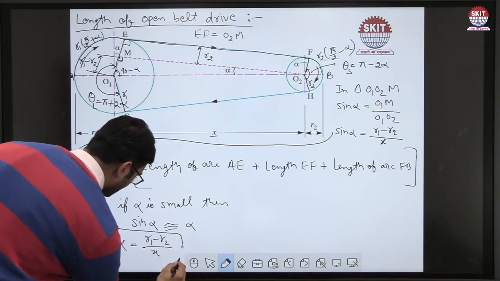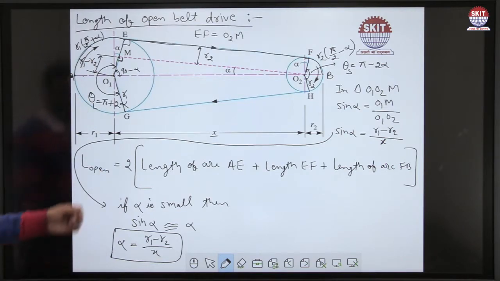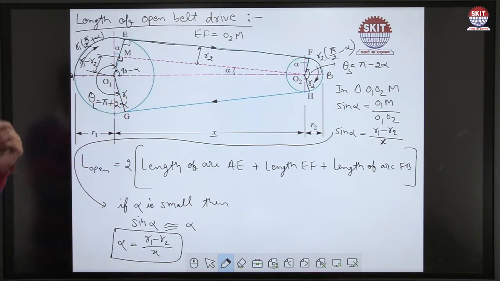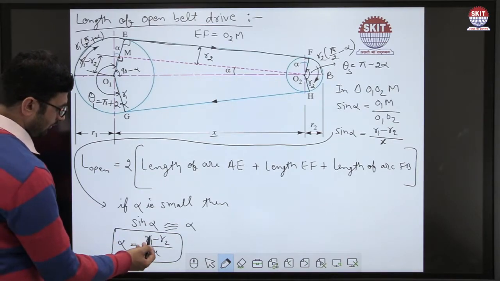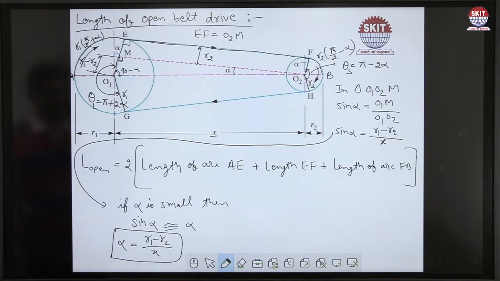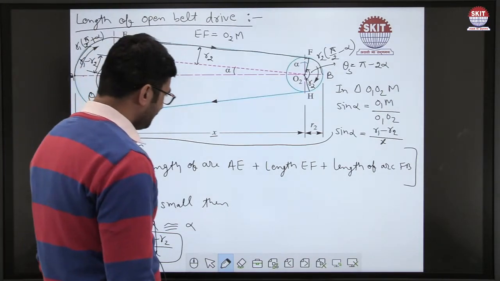This is the value of the angle alpha. For the given data, we find the value of alpha with the help of the radii and the center distance between the pulleys.